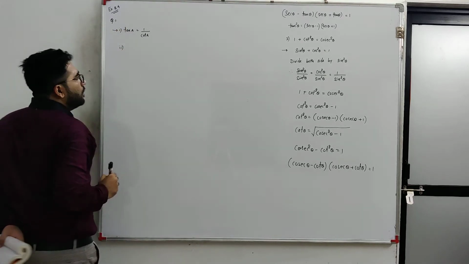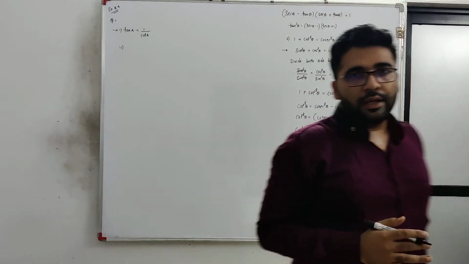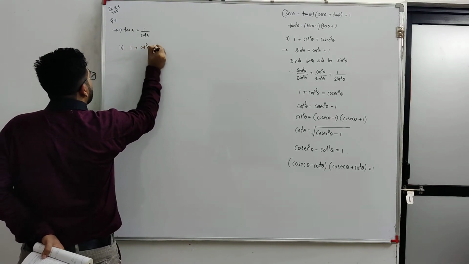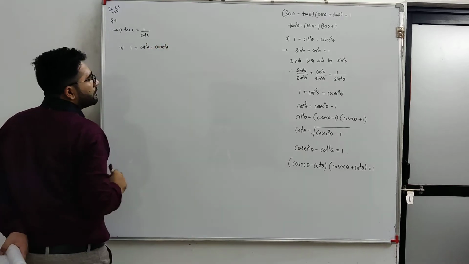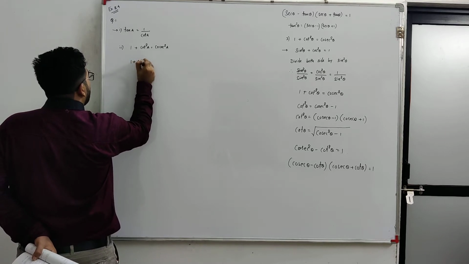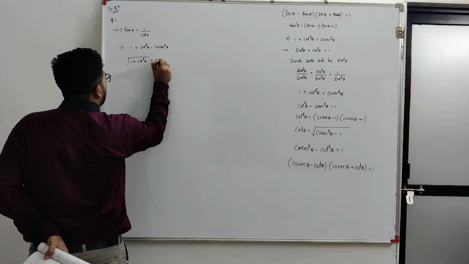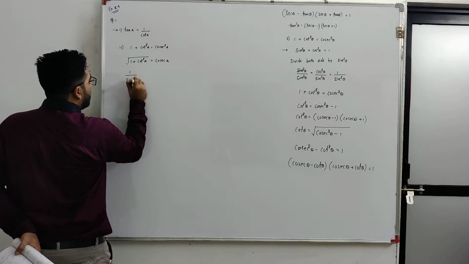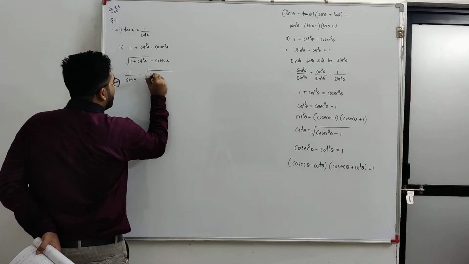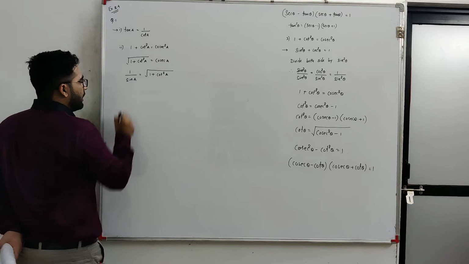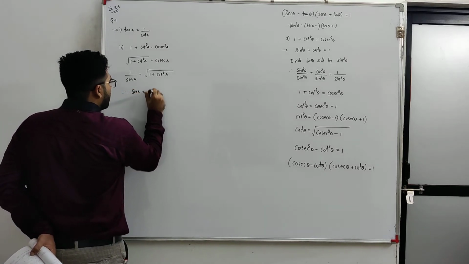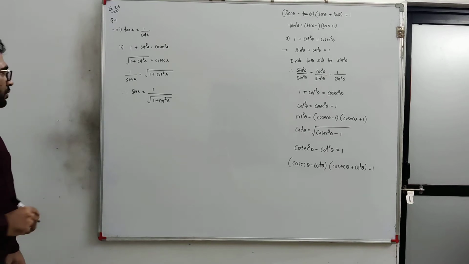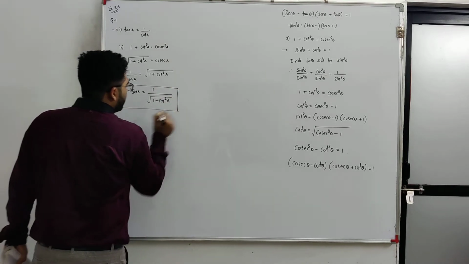Next, my second answer: to convert sin A in terms of cot A, I am using the identity 1 plus cot square A is equal to cosec square A. Now take the square root on both sides: under root of 1 plus cot square A is equal to cosec A. So cosec A is 1 upon sin A, which is equal to under root of 1 plus cot square A. Therefore sin A is equal to 1 upon under root of 1 plus cot square A.